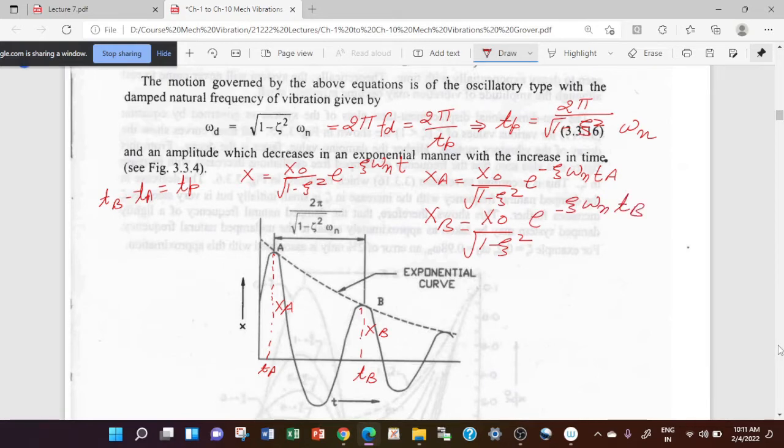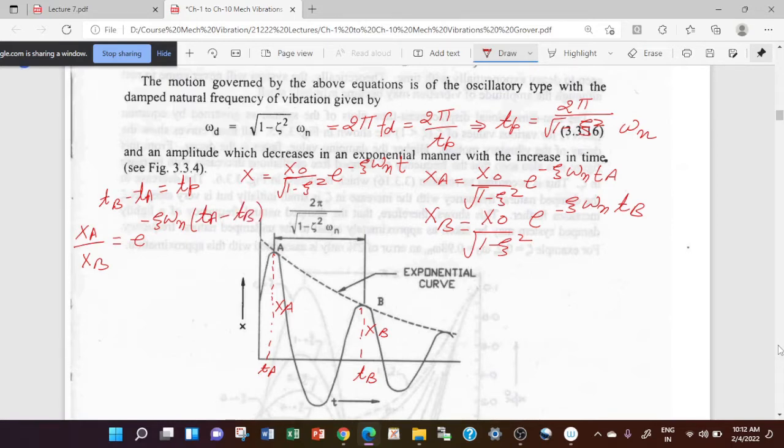Now if I make a ratio of these two amplitudes at the two times, xa upon xb is equal to, this will cancel out, e raised to power minus zeta omega n into TA minus TB.